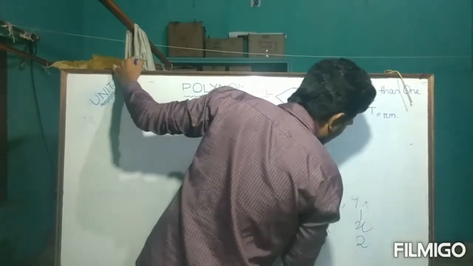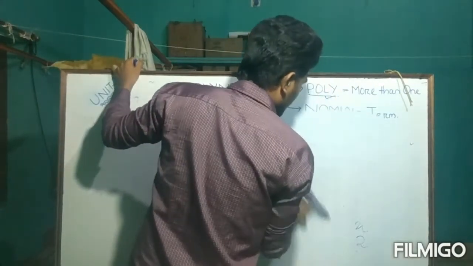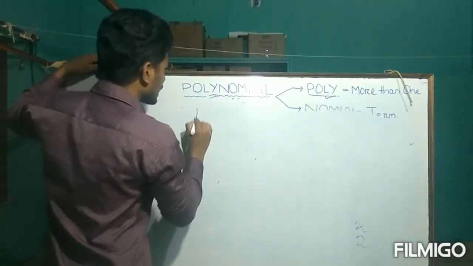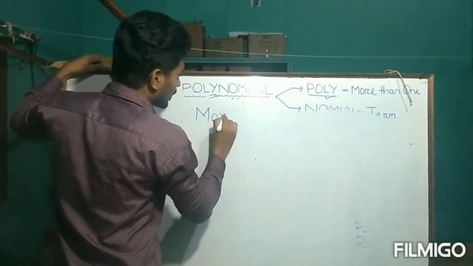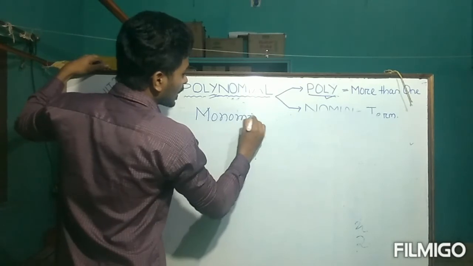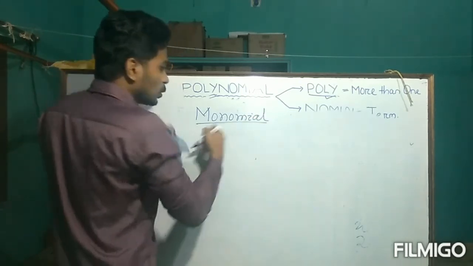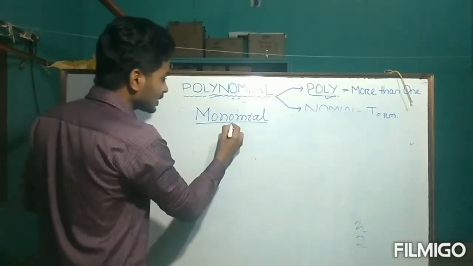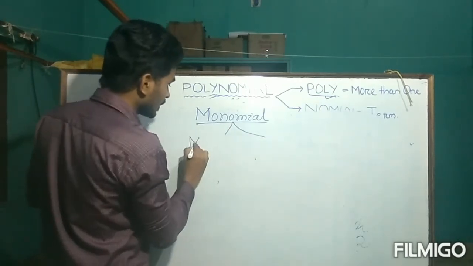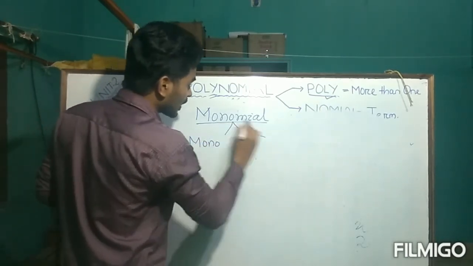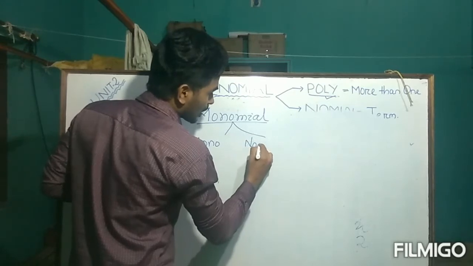Now we come to the types of polynomial. What are the types of polynomial? First one is monomial. The term monomial consists of two words, mono and nomial.